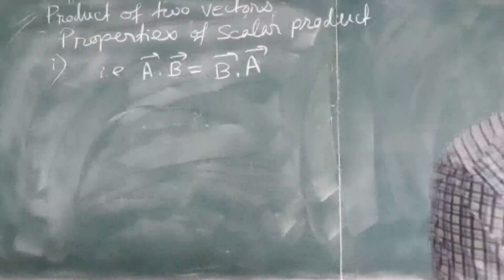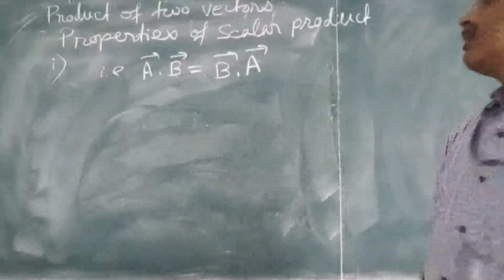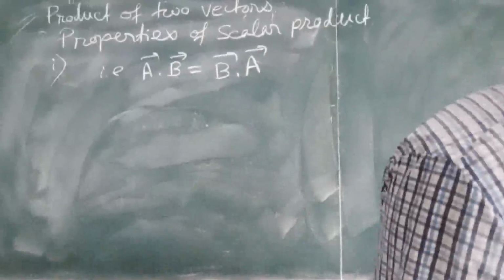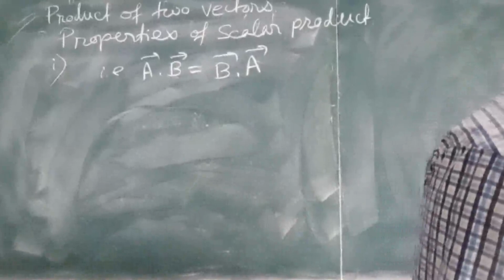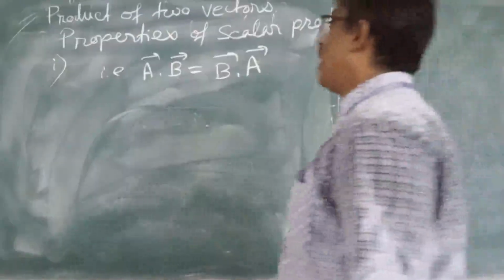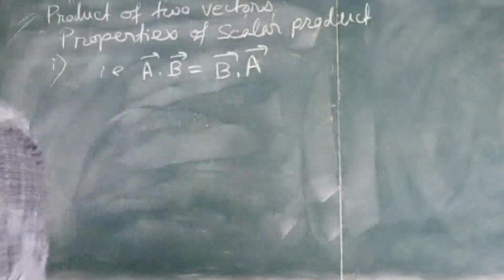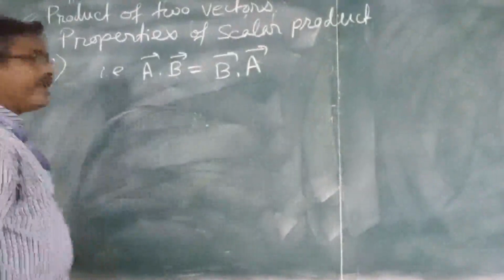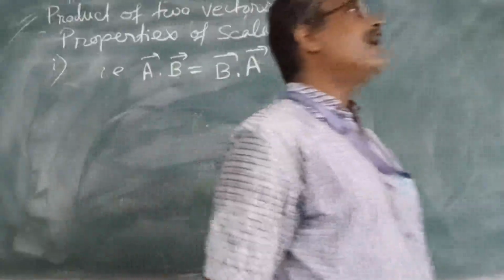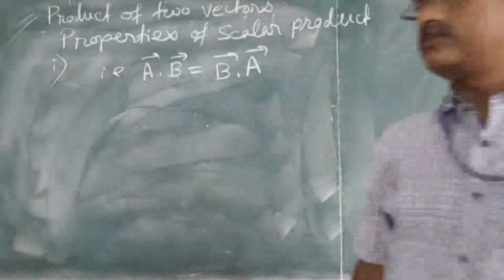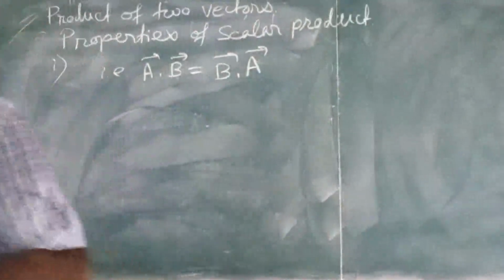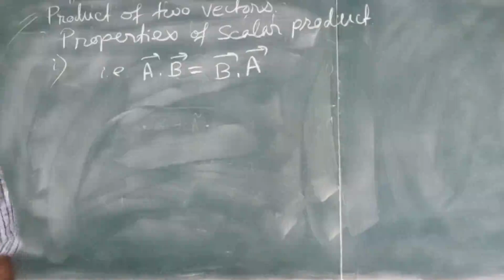Number two: if two vectors A and B are mutually perpendicular, then theta equals pi by 2.